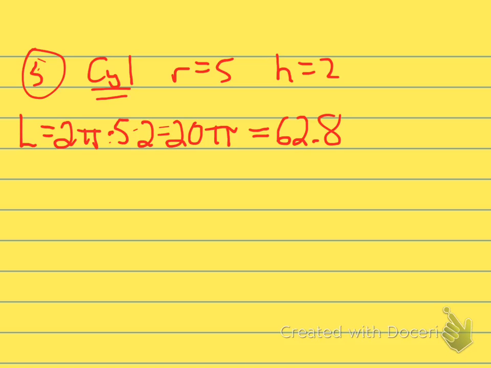The total surface area, well, you've got to find the base. The area of the base is pi r squared. Well, actually, let's see. It probably says this on the cylinder formula, that the total surface area is 2 pi RH, which we just figured out, that was the lateral, plus 2 pi r squared.